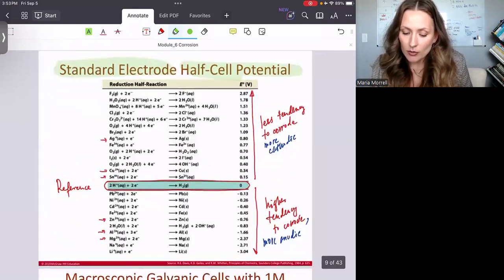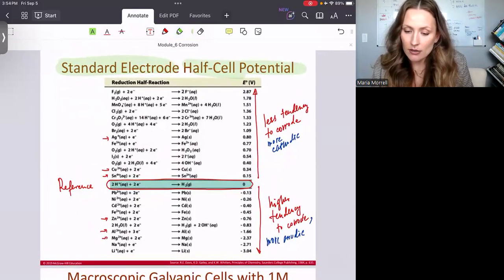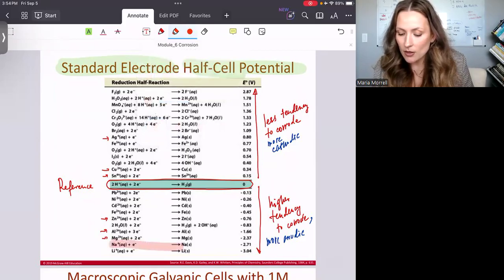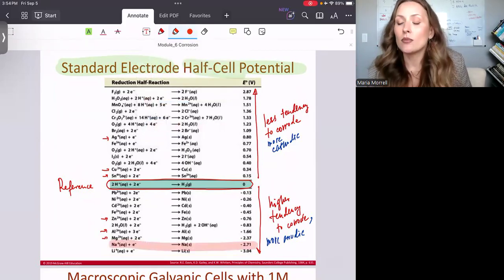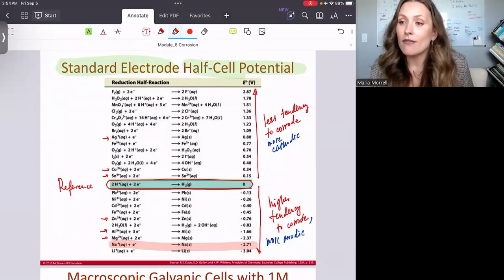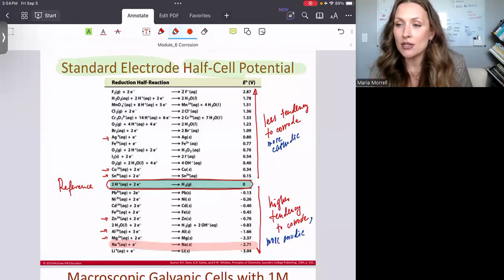Let me go up here, and I would like to identify this too. I'm going to use a different color, perhaps red. Here's your sodium, my apologies. You will notice that it has a very, very negative potential, minus 2.71. That means it has a very high tendency to corrode.